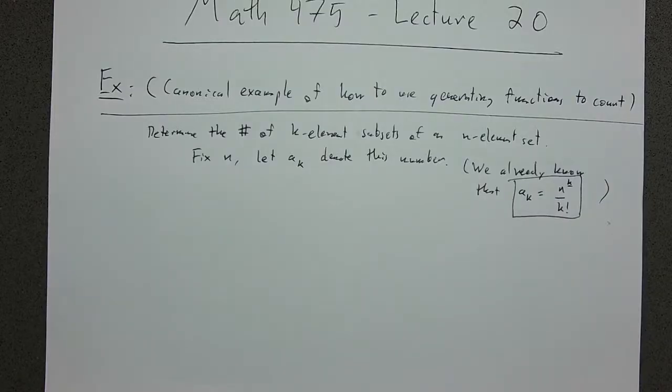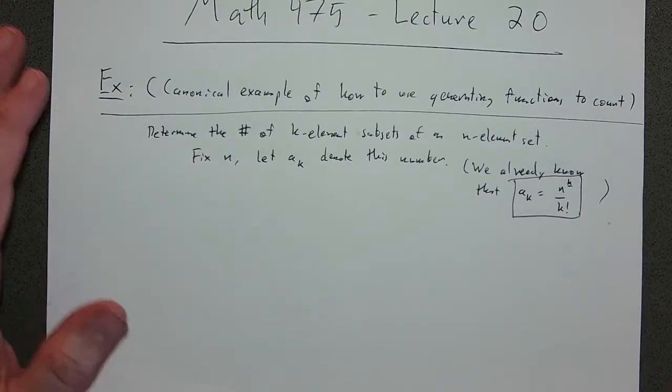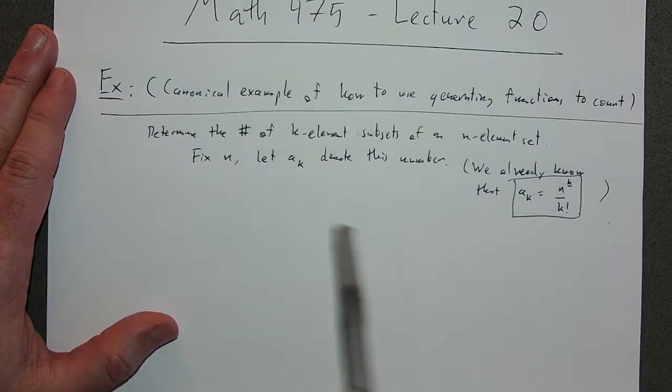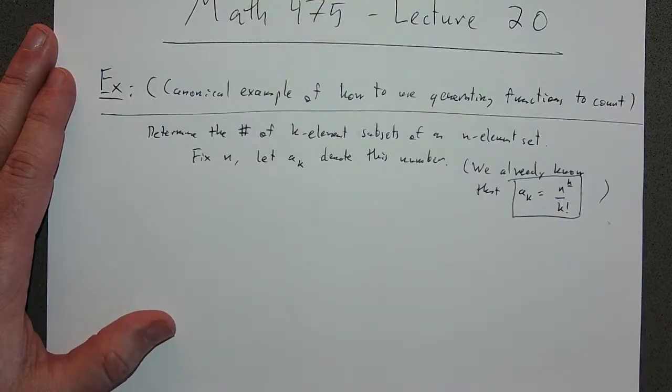Of course, we counted this in one particular way when we first introduced it. But the question is, what do we do if we're not using what we did before? How do we use generating functions to do this?